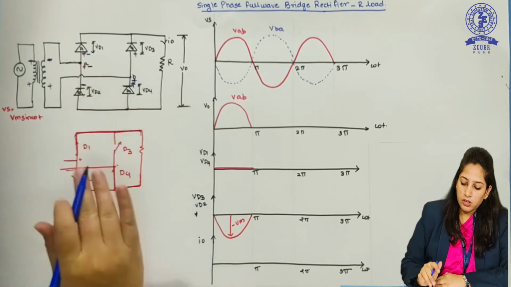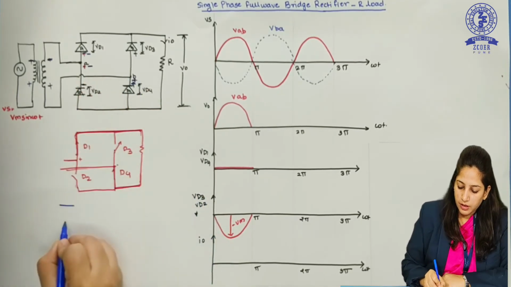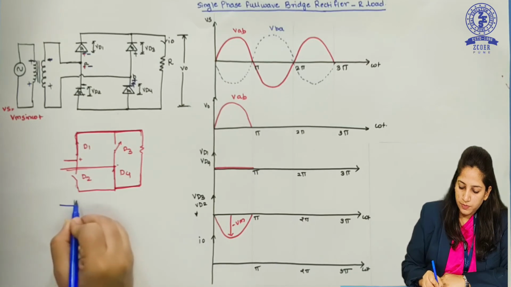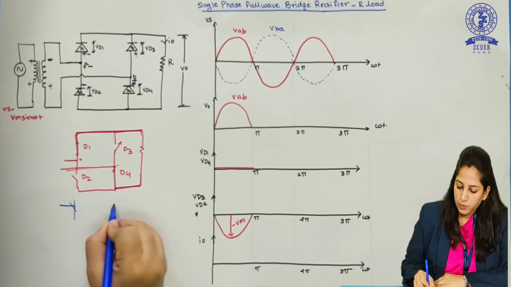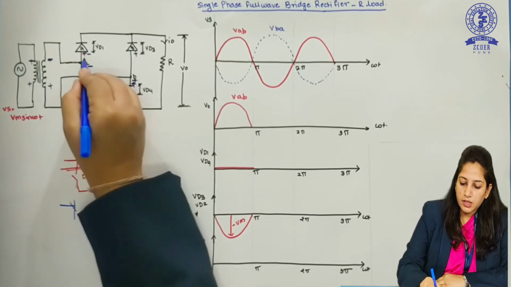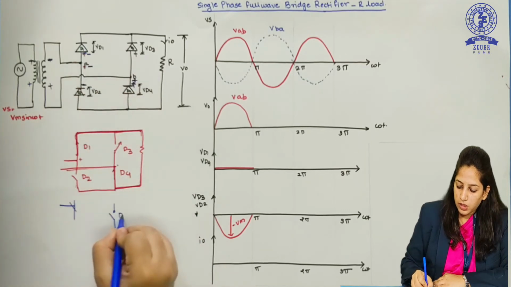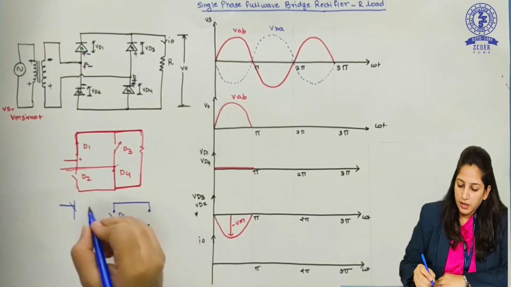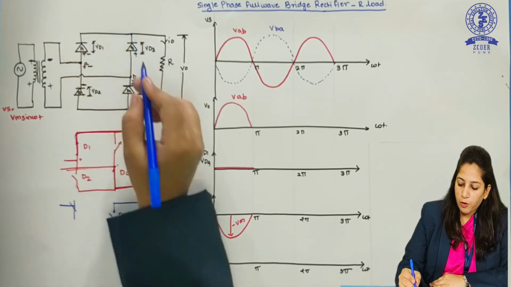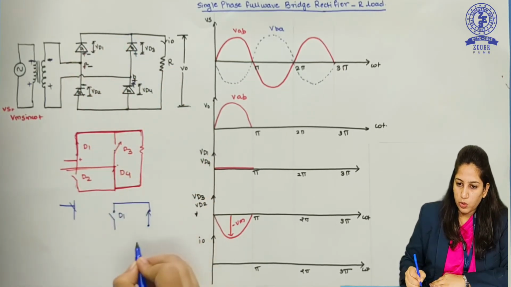If I draw this in a very rough sketch, suppose this is my D1. D1 will be open because it is reverse biased. Similarly my D3 is forward biased, so D3 will be closed.